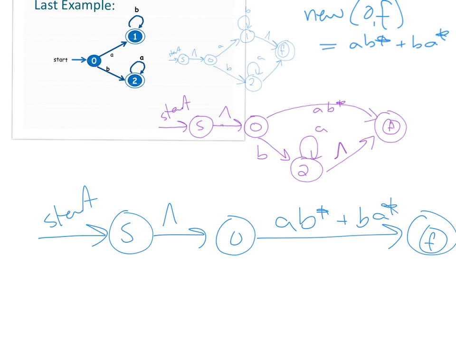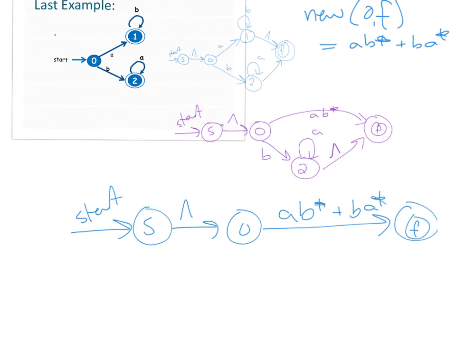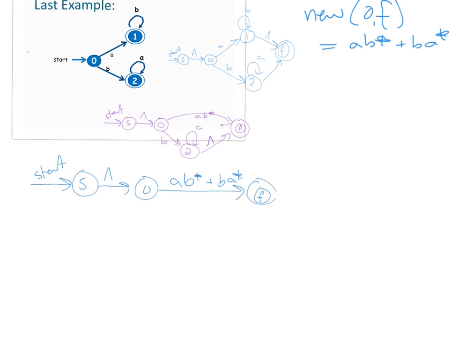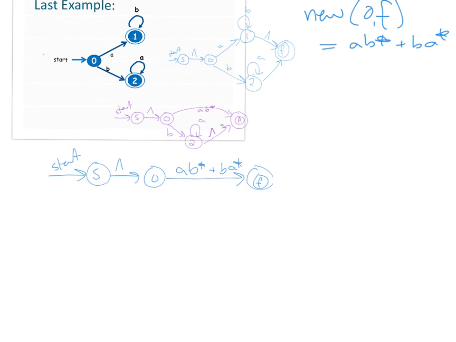And now we are almost there. Let's shrink these and move them over. So we just need to get rid of state 0, right? And that is pretty straightforward because 0 only goes from S to F.